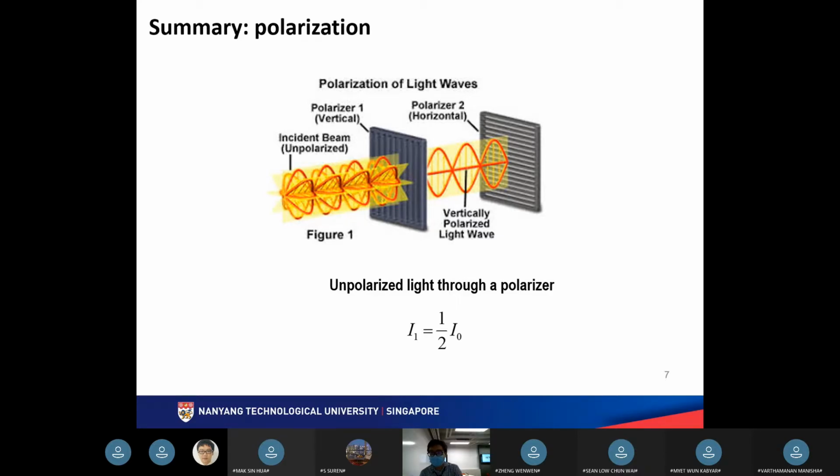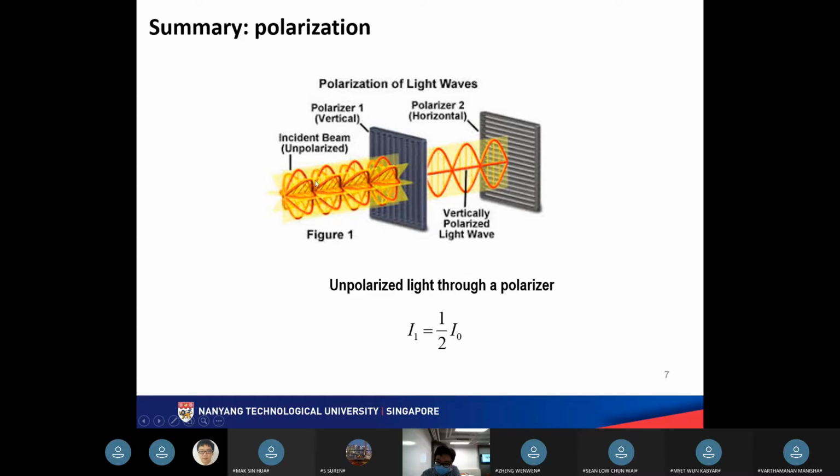But light is different. If you have a microscope that can help you enlarge the details of light, you will find that light is actually an oscillating field, just like when you sweep a rope. Light oscillates in the direction perpendicular to its propagation direction. For example, light here propagates along the horizontal direction.